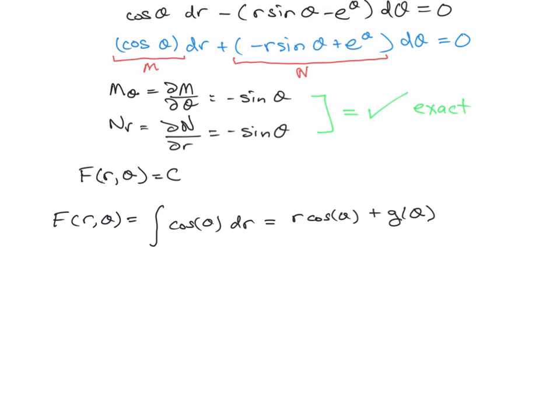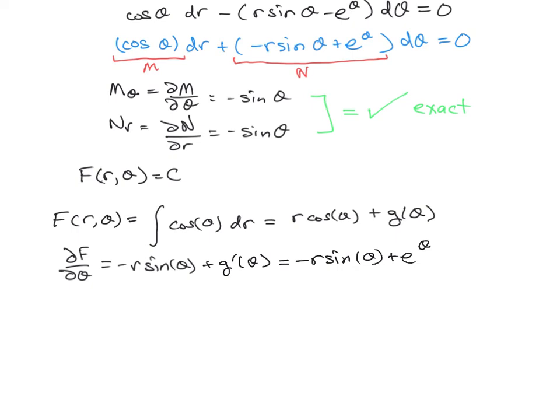Okay, so the next thing for us to do is find this function g. And to do so, we're going to take the partial of F with respect to theta, and that's going to be negative r times the sine of theta plus the ordinary derivative g prime of theta. And again, we set that equal to the N, which is negative r sine of theta plus e to the theta.